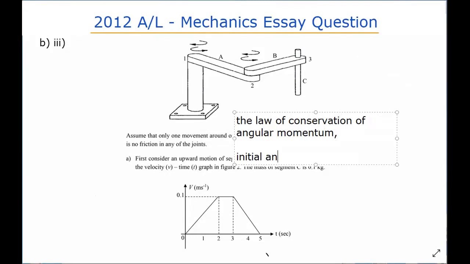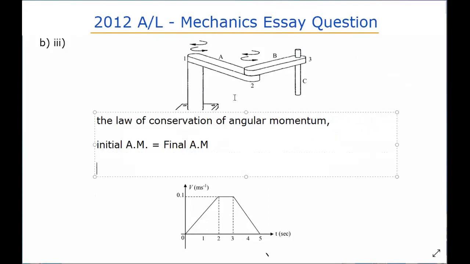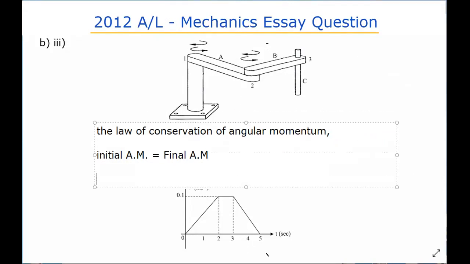Initial angular momentum, let me use AM, should be equal to final angular momentum. Initially both A and B were at rest. If A rotates in one direction, B should rotate in the opposite direction. I can easily prove it.